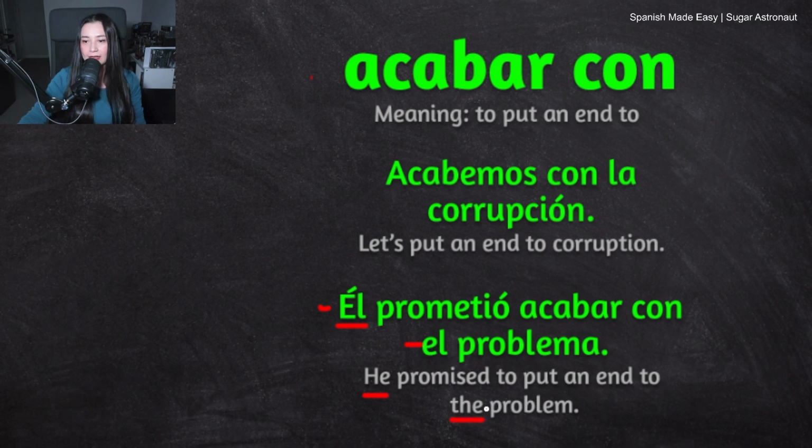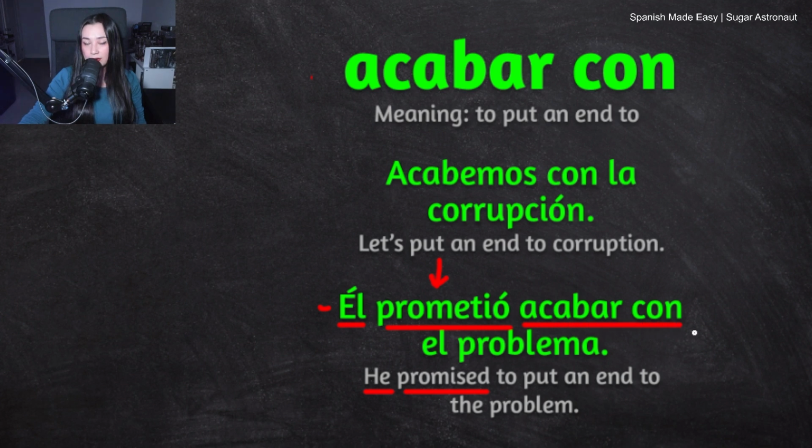Okay, so remember that. That's an important difference. And él means he, prometió. This comes from the verb prometer, which means to promise. Él prometió, preterite tense, past tense, and that means promised.